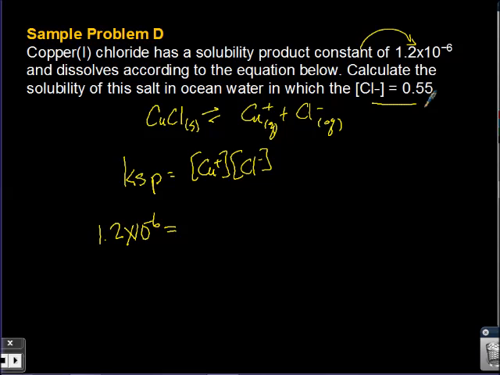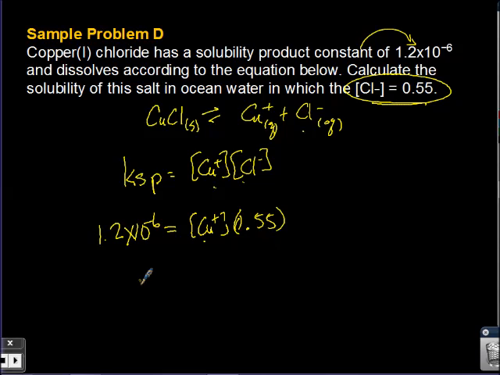It told me that chlorine is this. I'm putting the salt in the ocean. The ocean water has other things in it. It has Cl from other sources, like magnesium chloride and sodium chloride. So I would leave the Cu as my unknown, but in this case these two don't equal each other, because the chlorine is coming from other places. And it's coming from other places, so 0.55 is its concentration.